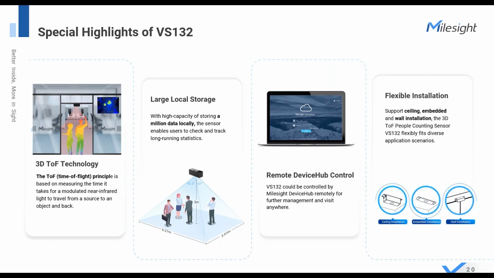Also, VS132 has a high capacity, storing 1 million data records locally, which means it allows you to check and track long-running statistics. All the valuable information will be kept, and the large storage capacity can guarantee data security for some disconnected emergencies.